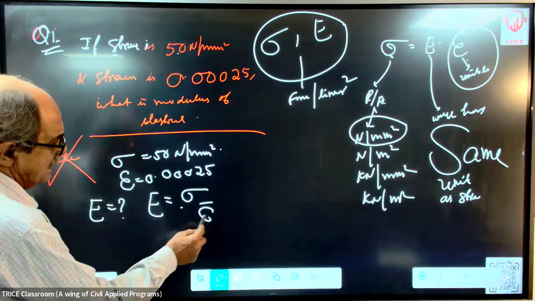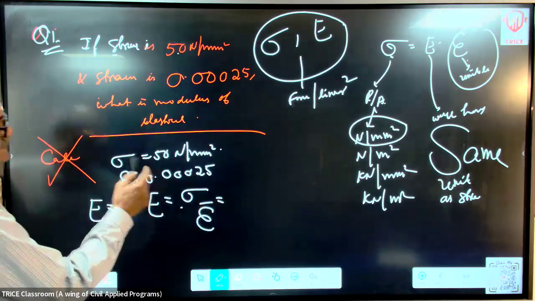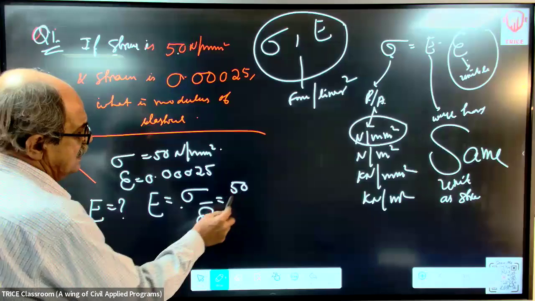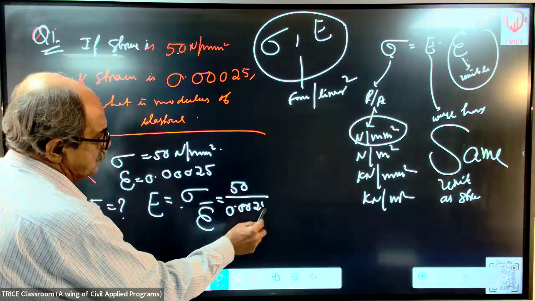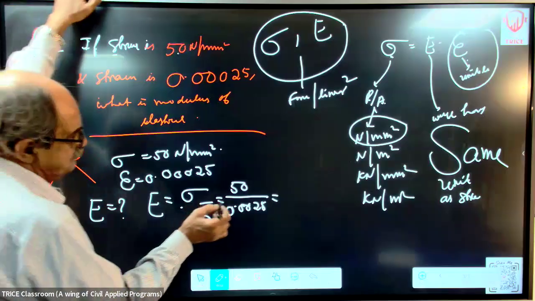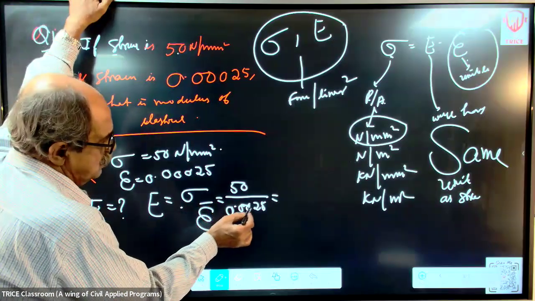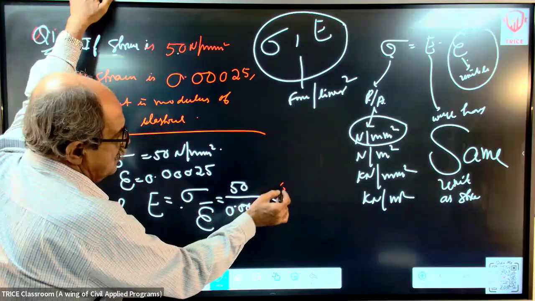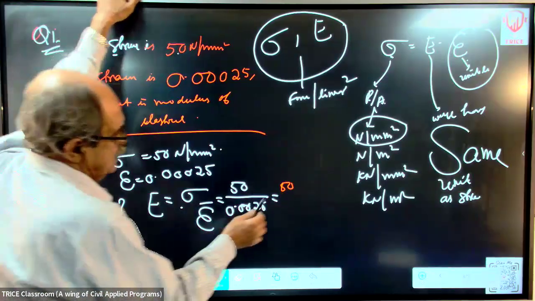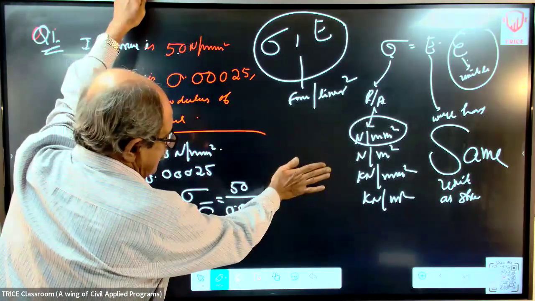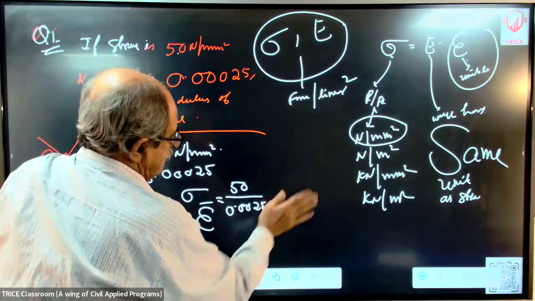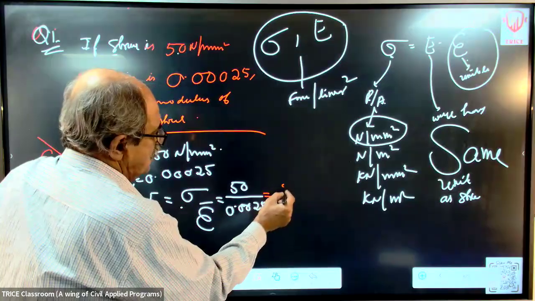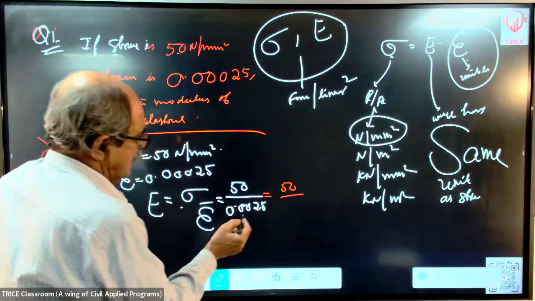So E equals 50 divided by 0.0025. How much is it?